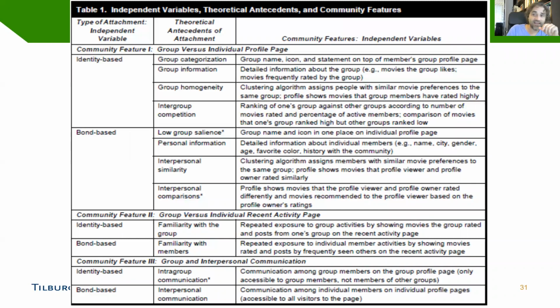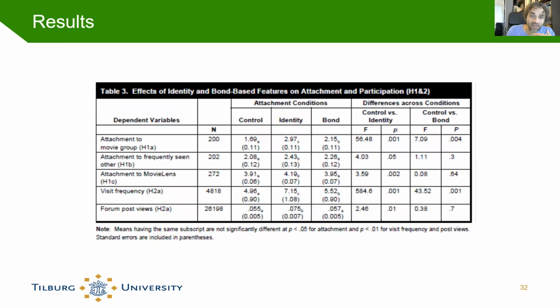And in the studies they did, in two papers, they manipulated bond and identity-based attachment to a group, and then checked how willing the people were to participate in that group.